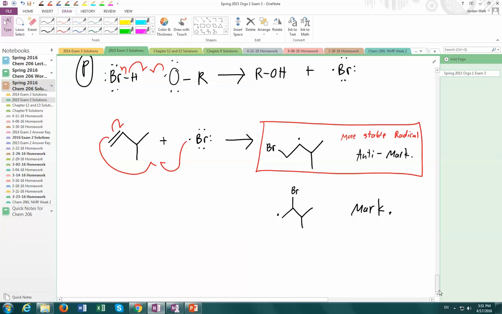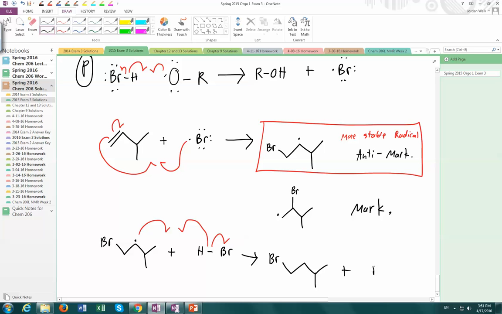And so from there, I think from here what we do is we react with another HBr molecule. So what we'll do is we'll basically do this, which gives us our final product, our anti-Markovnikov product, and it regenerates our bromine radical, like this.